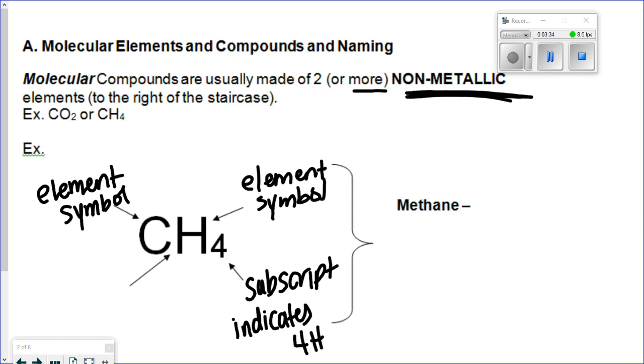Since there's no subscript here, that tells us that there is 1 carbon. It's not 0 carbons because we wrote the letter C there. There are 0 magnesiums because we didn't write magnesium, but since we wrote C there, there is 1 carbon.